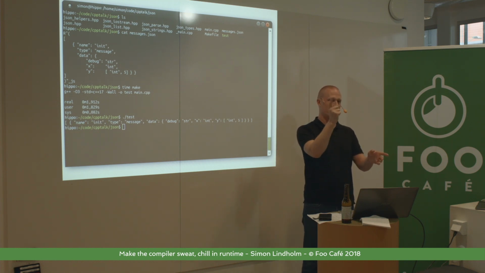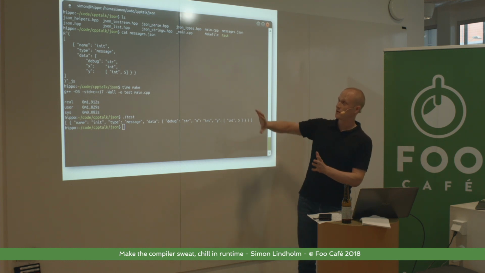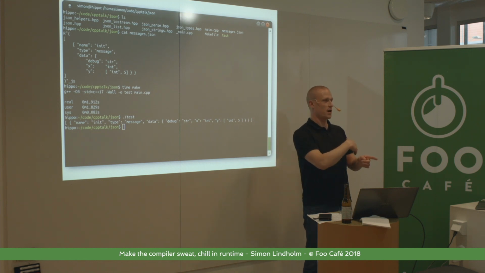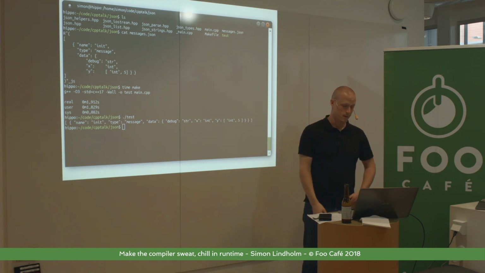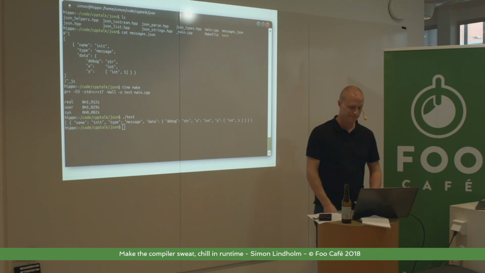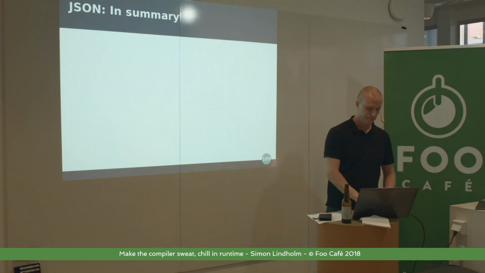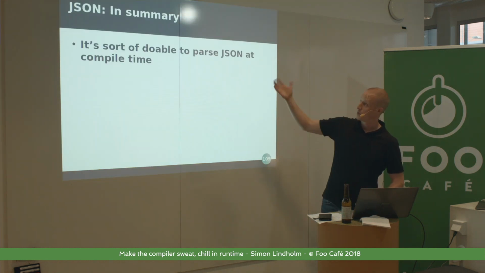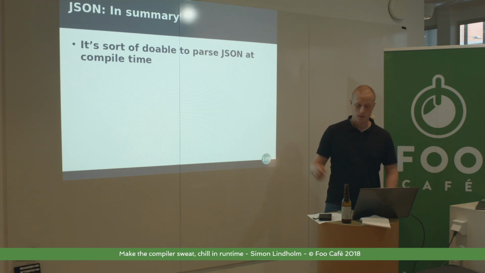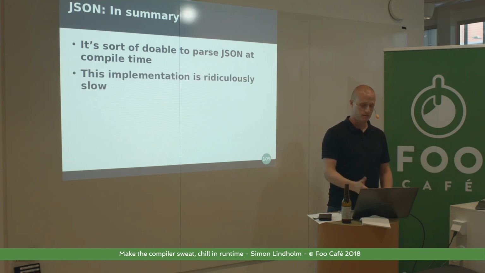If you look at one character, you know what kind of token it is, and most tokens are just a single character, and for the ones that aren't, it's trivial to find out how long they are. So you could just get by with an iterator basically. So in summary, it's doable to parse JSON at compile time, but it's slow as hell.